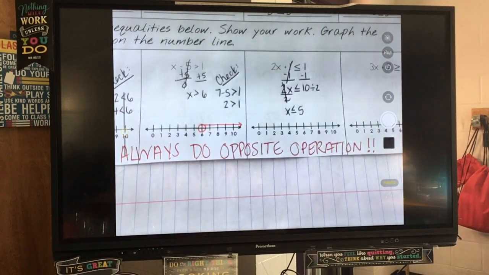So I'm gonna do 2 times 5 plus 1 is less than or equal to 11. This then becomes what over here? How do we solve this problem, Elizabeth? Distributive property. Let me take this out so I don't have confusion.